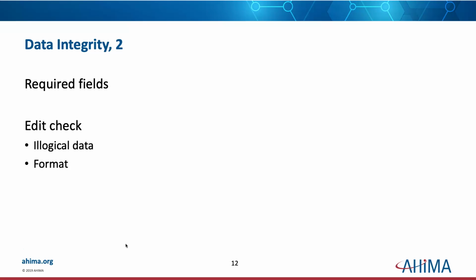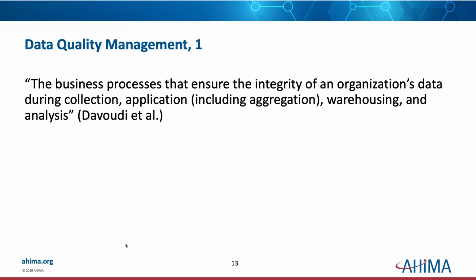If it's outside of that range, it may mark it as, ooh, red flag here. You need to go back and double check, is this really right? Because it's outside of what we would expect as a range. And then format, is it in the right format? If it's supposed to be mLs that you're reporting, is it coming through as cc's or something else, or units?